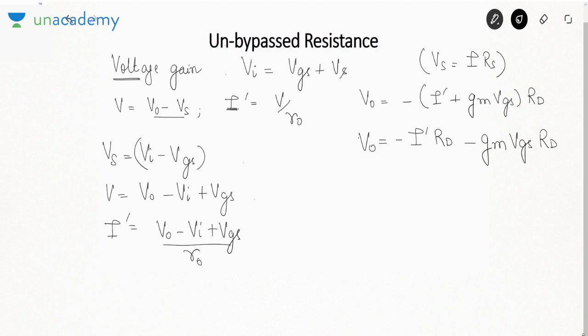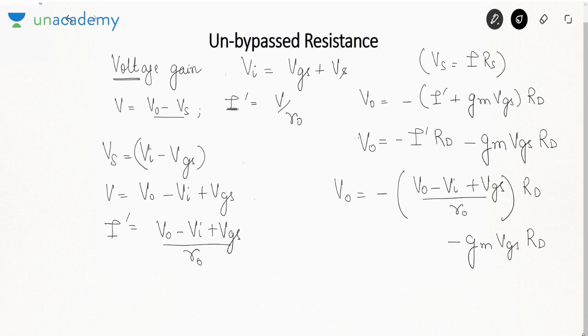Okay. So from here I can say V0 is minus I dash RD. I dash is how much? V0 minus Vi plus VGS over R0 into RD minus gm VGS RD.